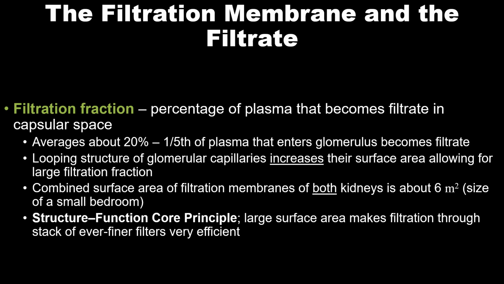This looping increases their surface area, so much so that if you were to take all of the filtration surfaces of one kidney, they would be about 6 square meters. That's about the size of a small bedroom, and that's just in one kidney. And this large surface area is what makes this filtration super, super efficient.